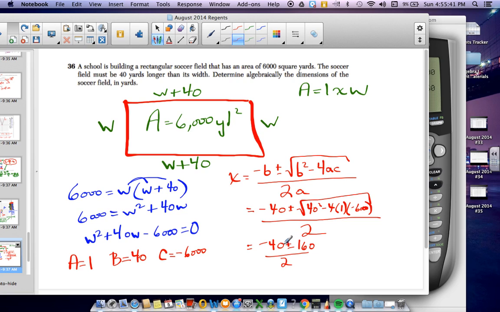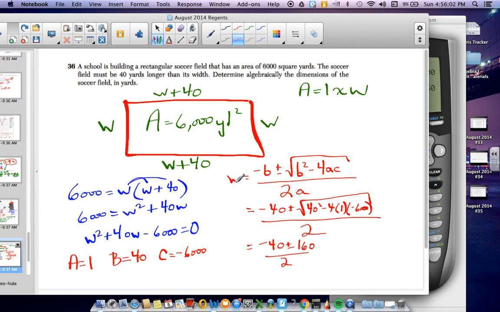Now, if we do the math here, we have two answers. We have a plus and minus. In this case, if we do the subtraction, we're going to get negative 200 over 2, and if this is representing the width of the field, so we should use a W up here, just to be precise.